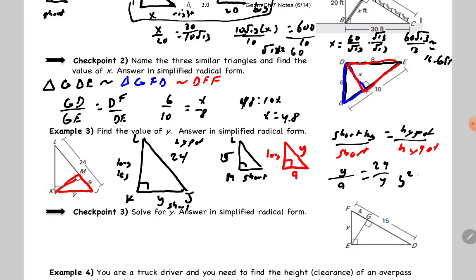So we're going to get y squared when we cross multiply equals 9 times 24, which is 216. Take the square root, and we'll get y equals 216 breaks down into 36 and 6. So that's 6 root 6.